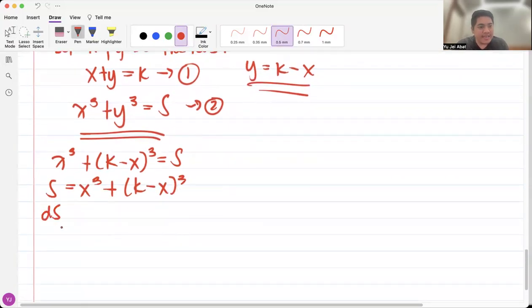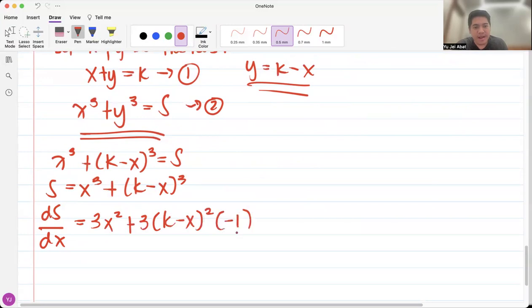So differentiate s with respect to x. You have 3x squared plus 3(k minus x) squared times negative 1, because when we differentiate the inside function, due to the chain rule, with respect to x, k is 0 because it's constant, and the derivative of negative x is again negative 1.